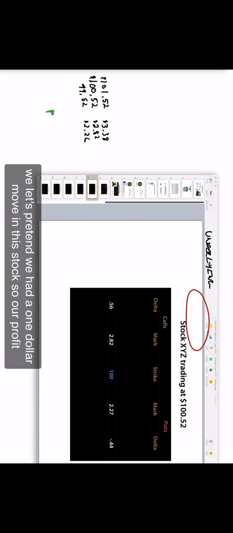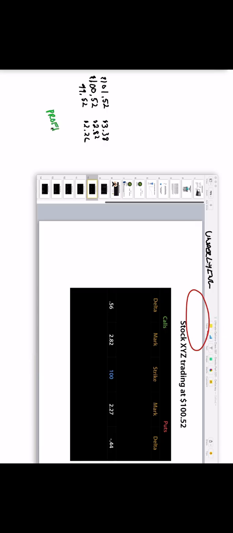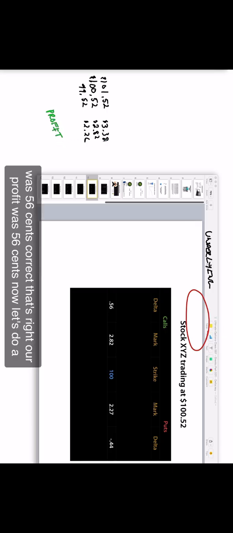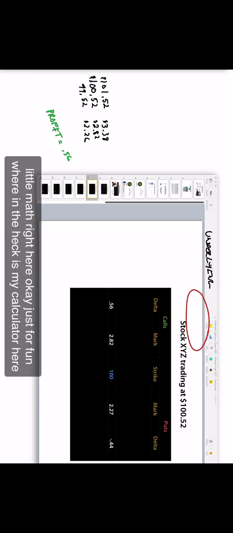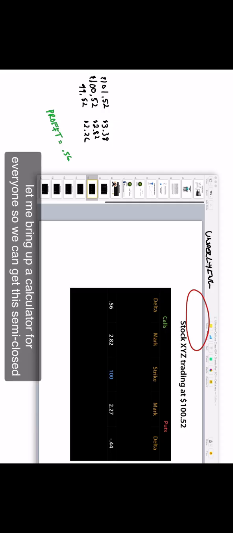So our profit was 56 cents, correct? That's right. Our profit was 56 cents. Now let's do a little math right here, just for fun. Let me bring up a calculator for everyone so we can get this semi-close.